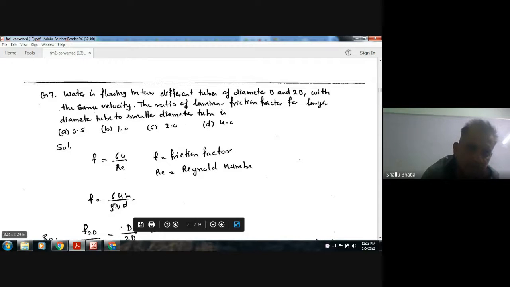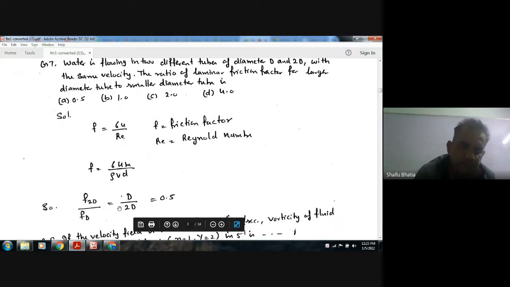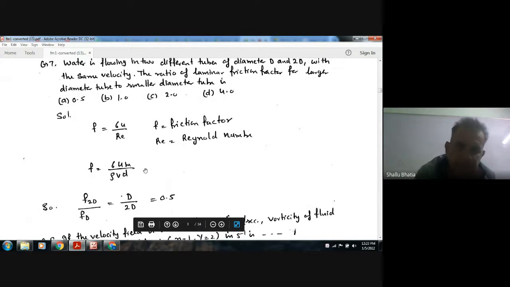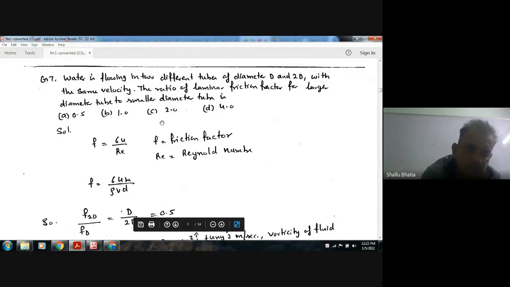So the friction factor becomes 64 divided by rho V D by mu. When comparing two pipes having diameter D and 2D, the ratio of friction factors is f of 2D by f of D, and here this D comes out.